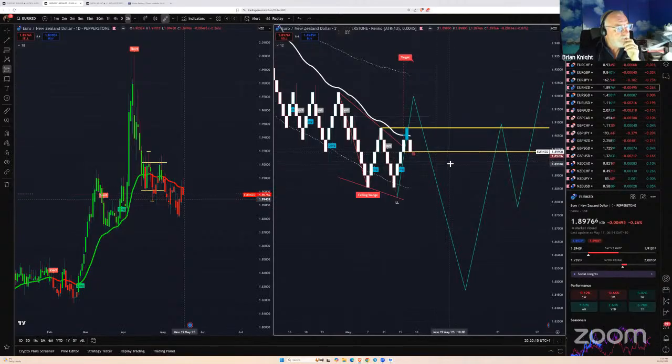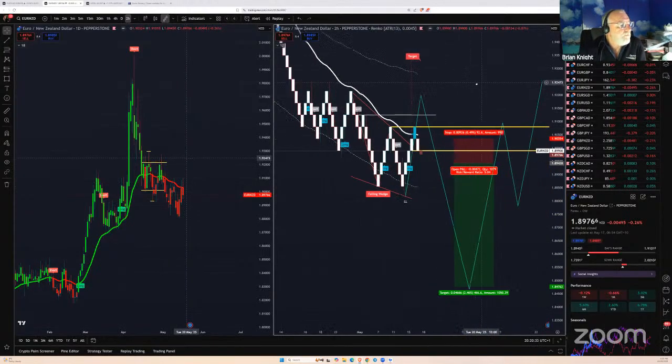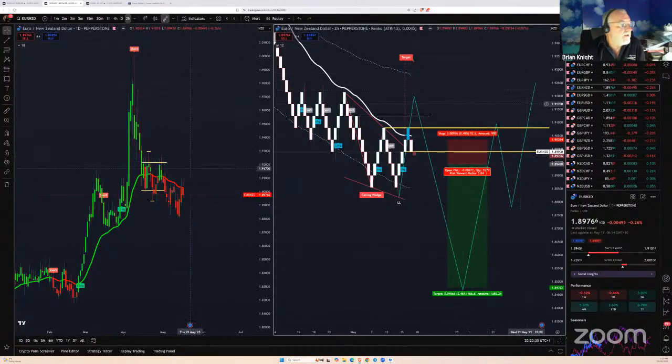If you get from there, you could always put a sell stop in or whatever, but we'll see how that plays out this week. Looks like the euros are weakening up.